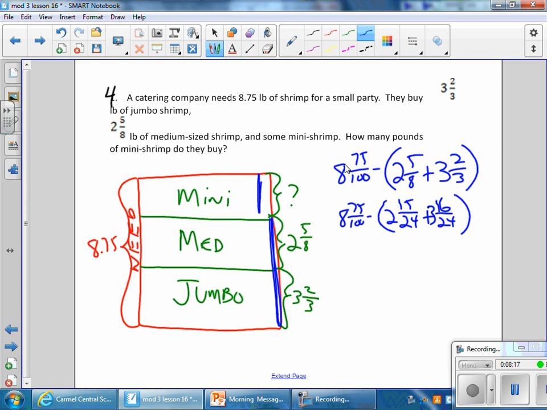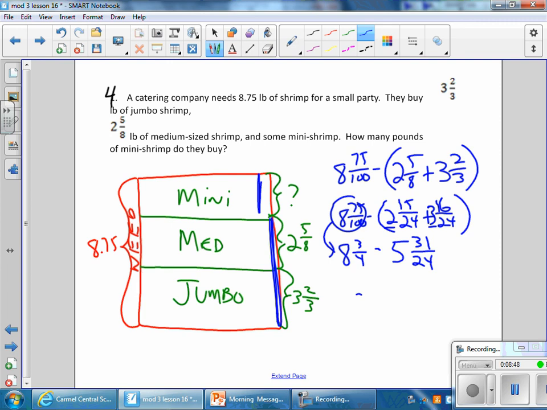If I put the 2 whole numbers together, I get 5. I put my fractions together, I get 15/24 and 16/24 is 31/24. I can also simplify 7/500 to 8 3/4. This is an important step to be able to see because it's going to make it a lot simpler.